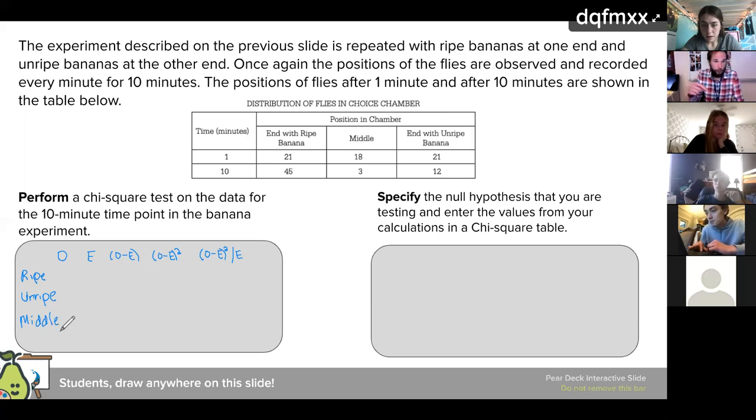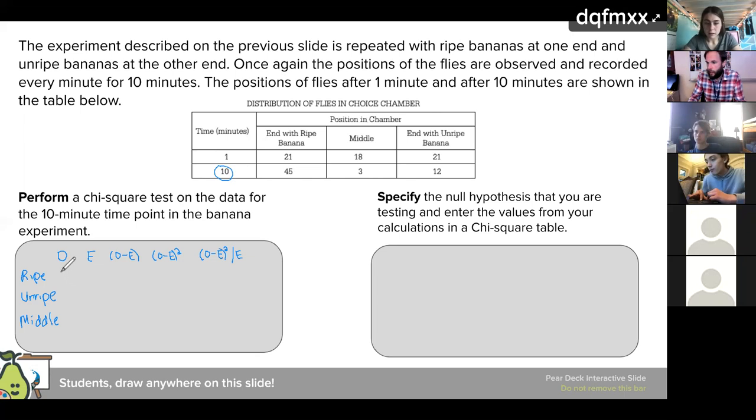There's always a chance that after we loaded those flies, they didn't actually go anywhere, so we have to account for the number of flies in that part of the chamber as well. We're focusing on the 10-minute time point, and these are our observations. Those are the numbers that go right in that observed column. For ripe, 10 minutes, I've got 45. For unripe, I've got 12. And middle, I've got 3.